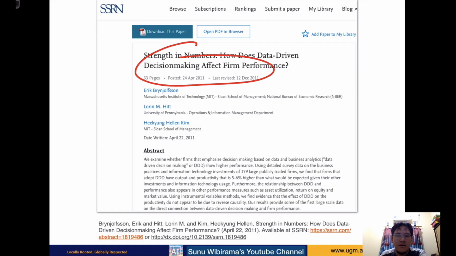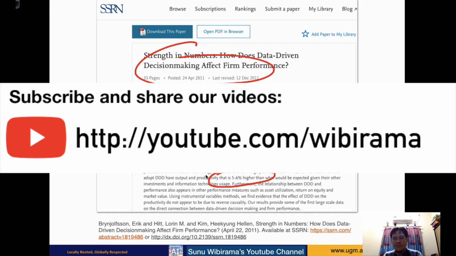So you can read this paper and you can make sure that data-driven decision-making will increase output and productivity 5 to 6% higher than other companies that didn't employ data-driven decision making.